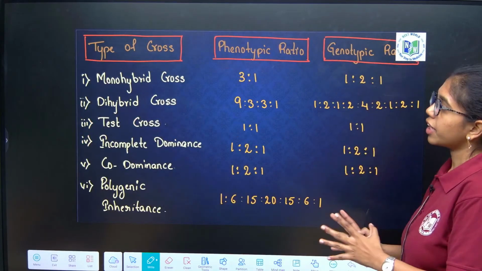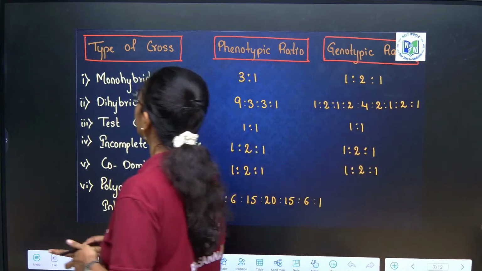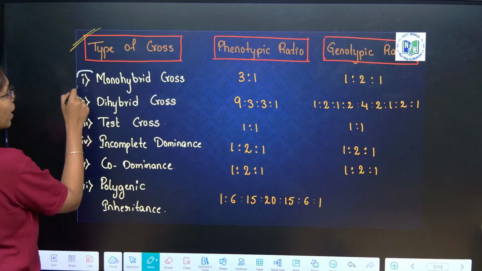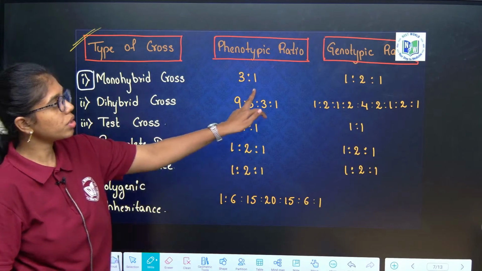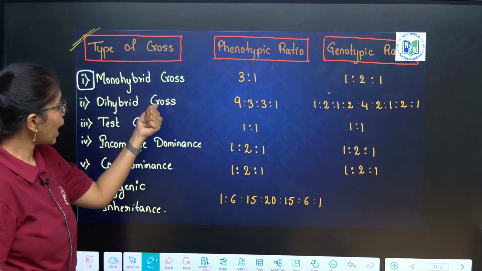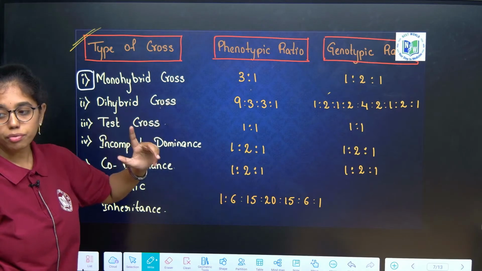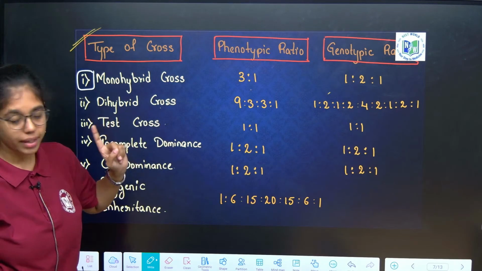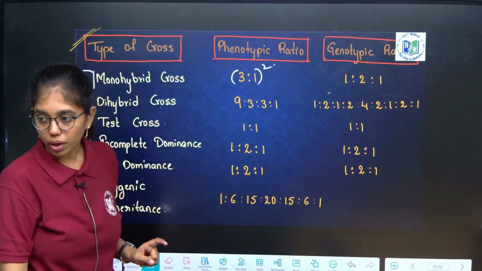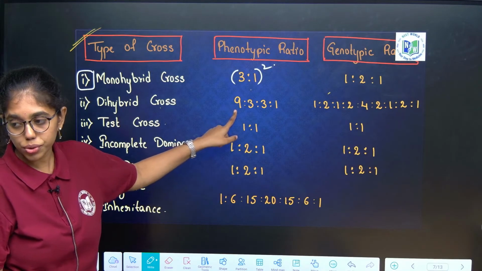Now, these ratios you have to remember. First, type of cross. In monohybrid cross, what is the phenotypic ratio? Genotypic? When you are unable to remember the dihybrid or trihybrid cross ratio, you can use one trick: just square 3:1. 3:1 into 3:1 will give you 9:3:3:1.